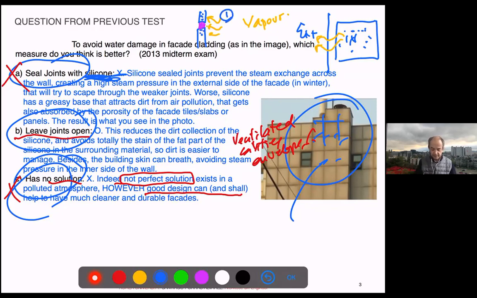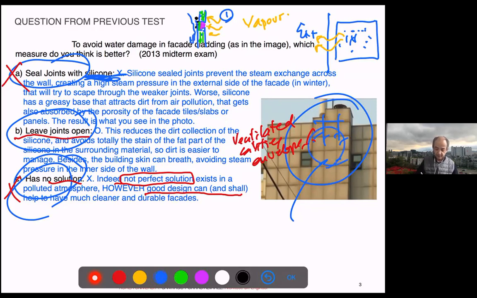But besides, the silicone attracts dirt, and it has fat. The fat is absorbed by the stones and the dirt by the silicone. Then when it rains, that dirt is washed onto the facade, and we have this result.